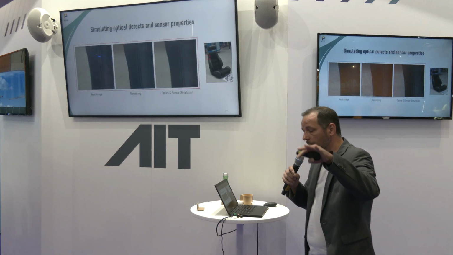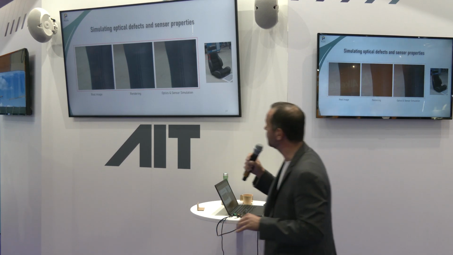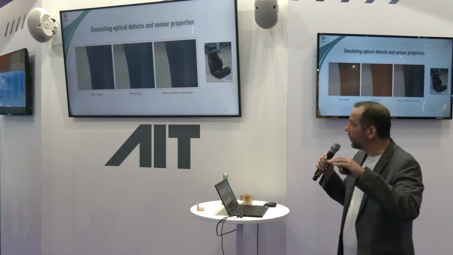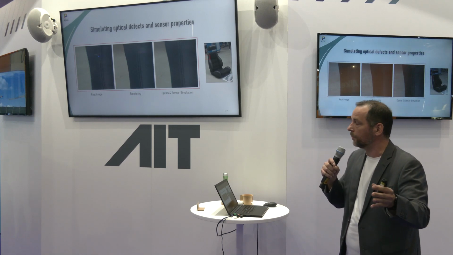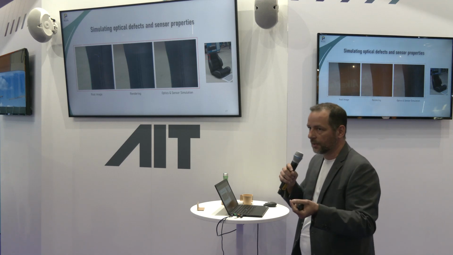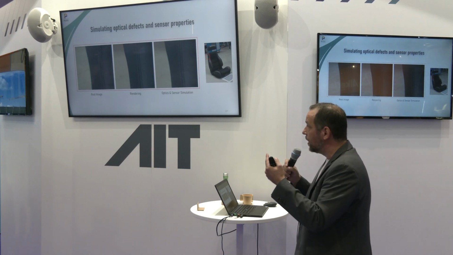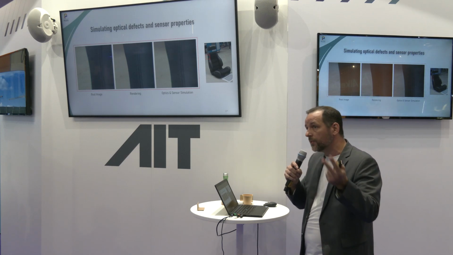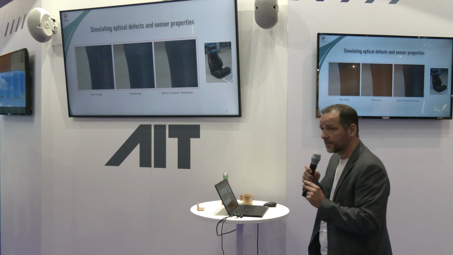But changing colors and everything I showed you before, I hope you can see it, maybe it's not optimal here, all of these changes are happening in the image domain. But there's another domain where variation happens, and this is on the physical level. Optics generate defects, generate changes. Sensors generate sensor noise, normally very specific to the sensor you use. And we also simulate that.